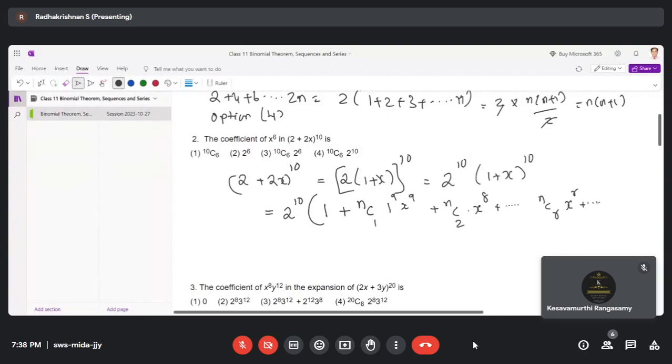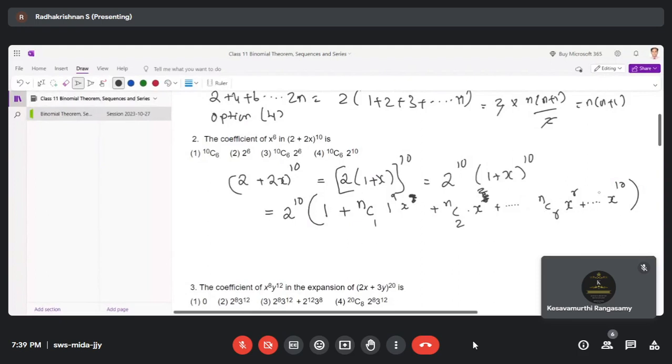It goes up to the last term, which is ncn into x to the power of n. Let's say it goes 1, nc1 into x, nc2 into x square, nc3 into x cube and so on, ncr into x power r.